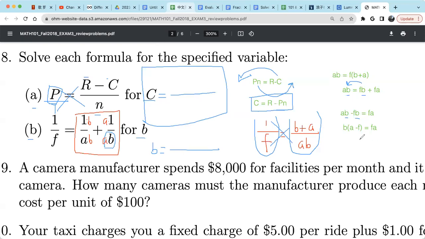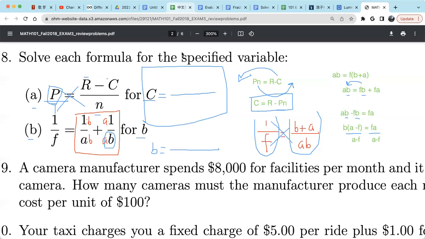I want to single out B. How do I single out B? I want to get rid of this A minus F. How can I do that? I divide by A minus F on both sides, right?